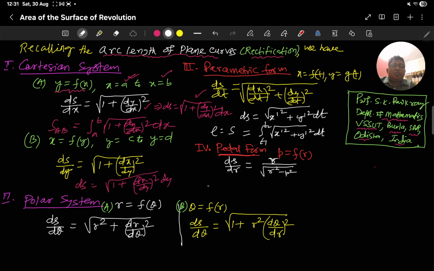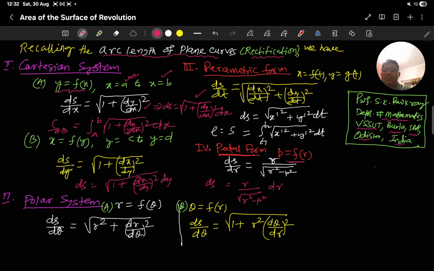Accordingly, in the pedal system, ds will be r by the square root of r square minus p square, dr, where p will be expressed in terms of r.